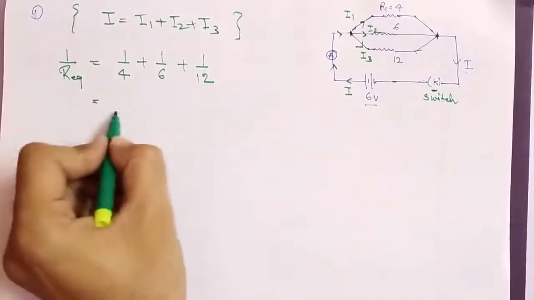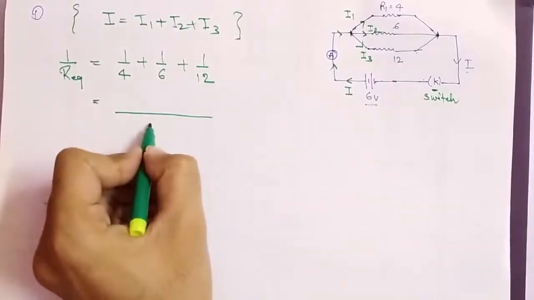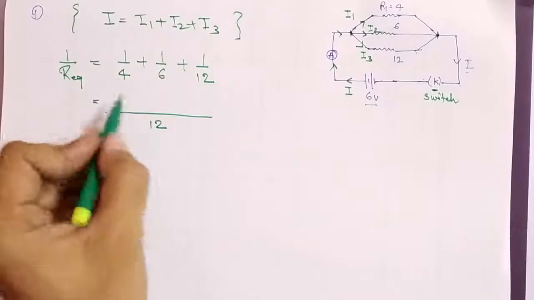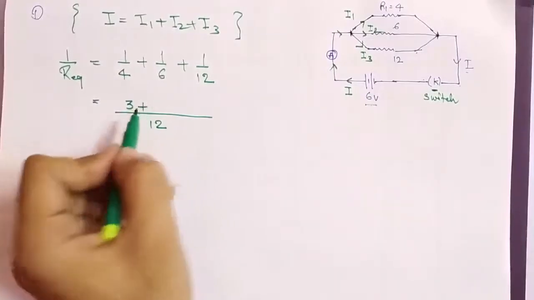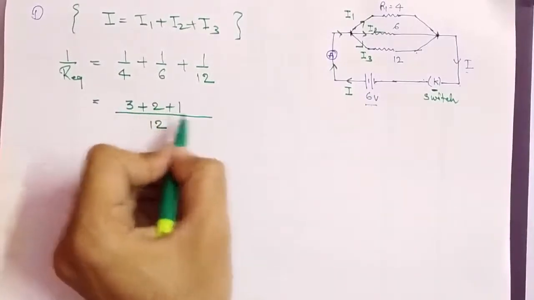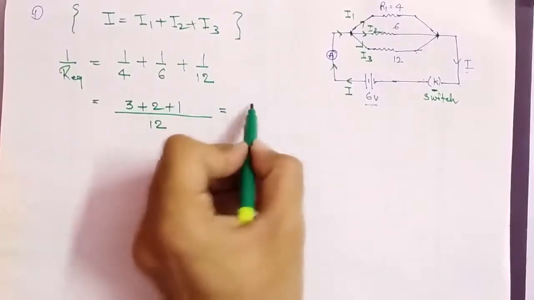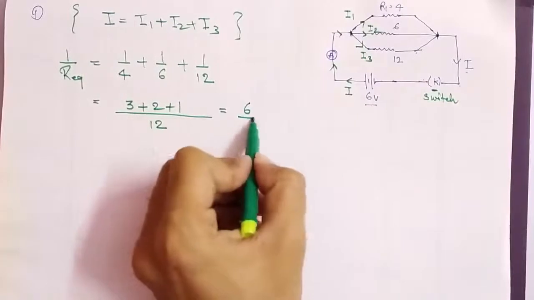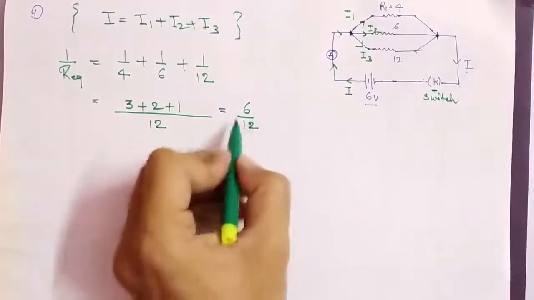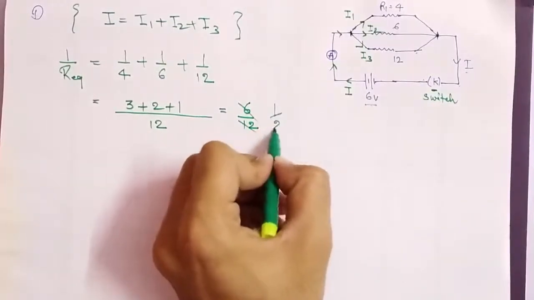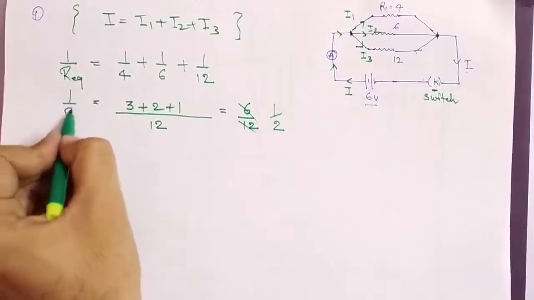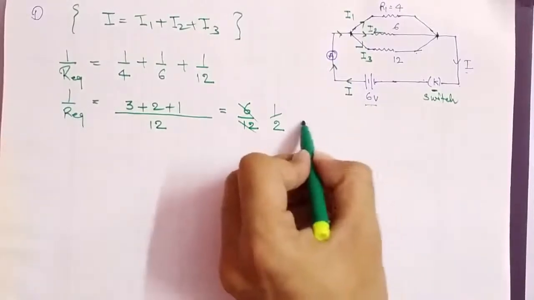Let's take the LCM, which is 12, so it comes 3 plus 2 plus 1, that is 6 upon 12, and again that is 1 upon 2. So what is the equivalent value we are getting?